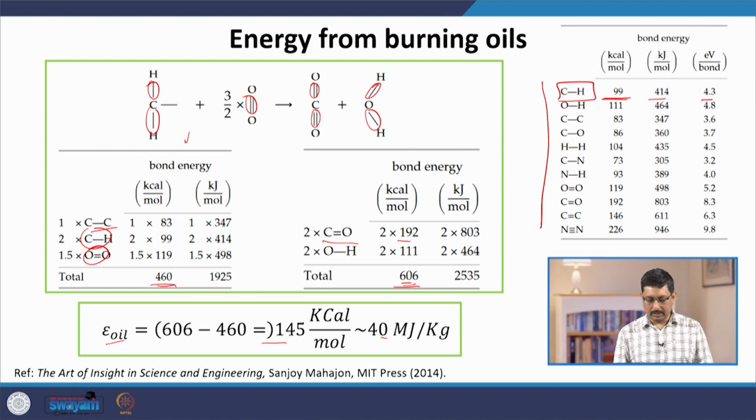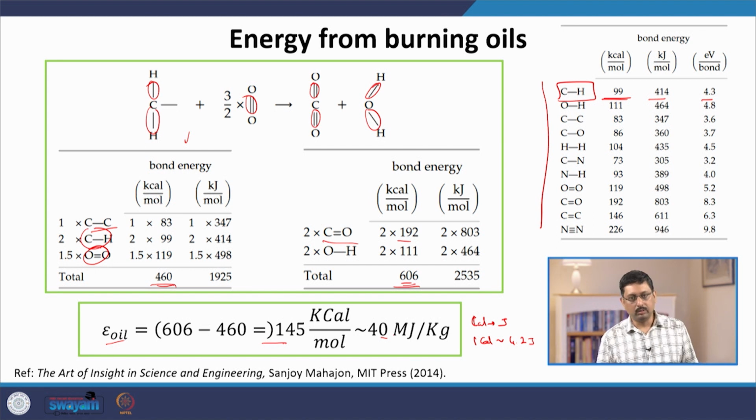Using this particular set of numbers, the difference is about 145 kilocalorie per mole, which we are going to convert into joule. 1 calorie is approximately 4.2 joule, and using that we do the conversion and round it off to round numbers, and we get that the energy is about 40 megajoule per kilogram.